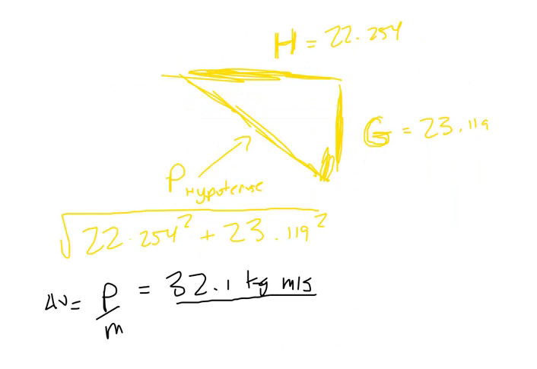So if I divide this by 2.31 kilograms, that'll cancel out your kilograms. So I have a velocity of 13.9 meters per second. Last part, still need an angle, which means I need this angle right here.